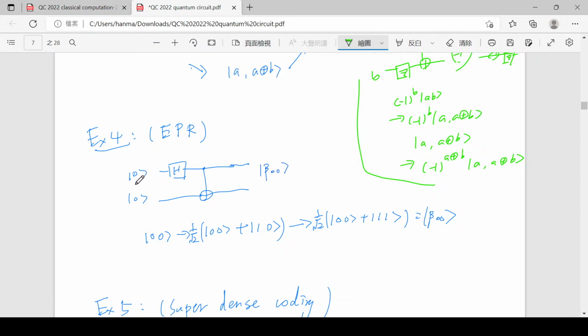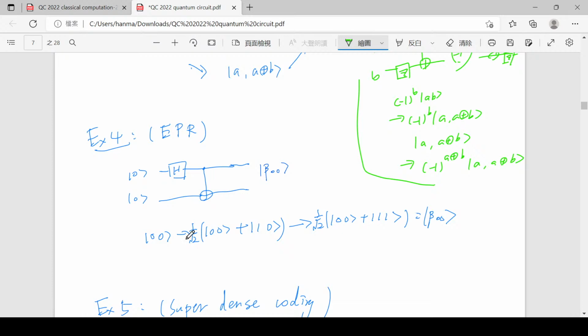That's because you have 0,0, then you apply Hadamard and you become 0,0 plus 1,0. We've seen this computation twice already today. The 0,0 plus 1,0 becomes 0,0 plus 1,1, and that's beta 0,0.